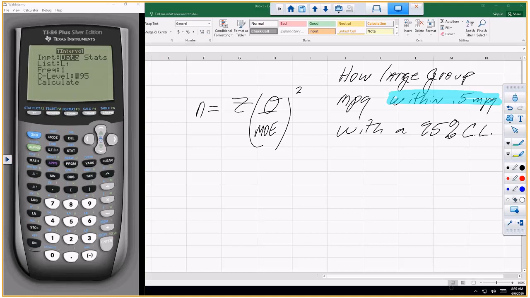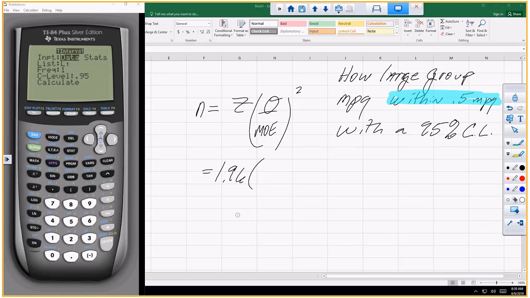That doesn't change. So we have to find our Z-score at 95%. You know how to do that. Pull out your index card. It's 1.96.